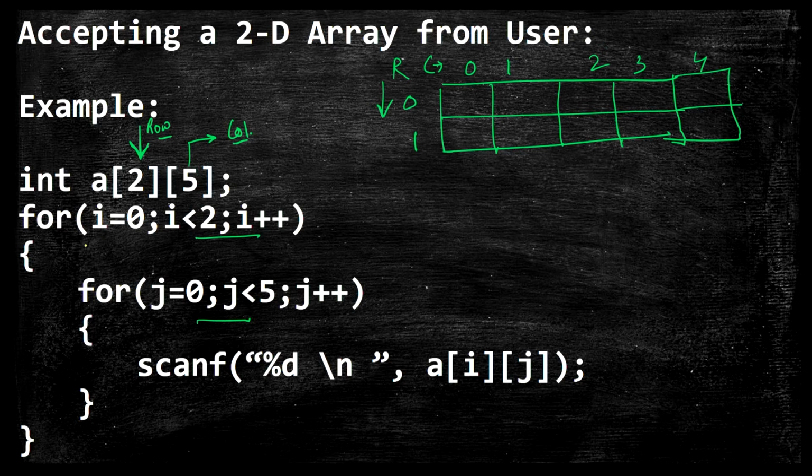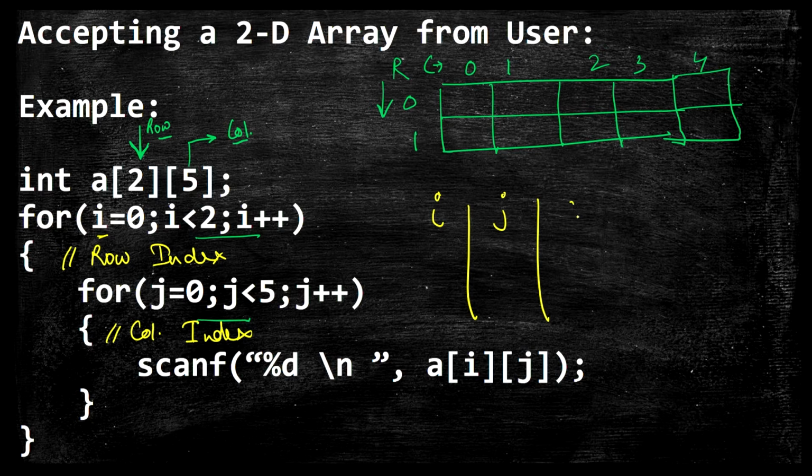See here, for i equal to 0, that is counting the row. Let's write over here: row index, i controlling the row index and j controlling the column index. So i, j, a[i][j].